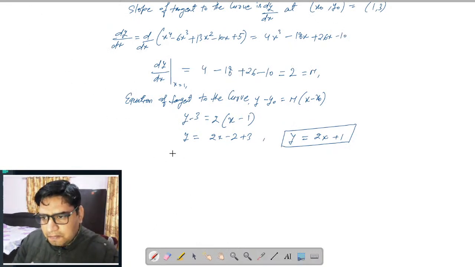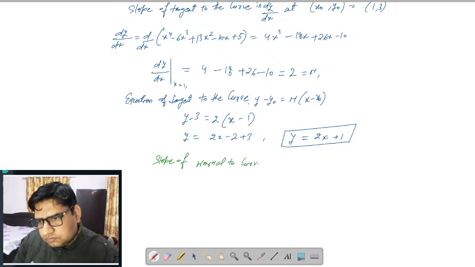Okay, the slope of the normal to the curve: if the tangent slope is m1, then the slope of the normal m2 should be minus 1 upon m1.